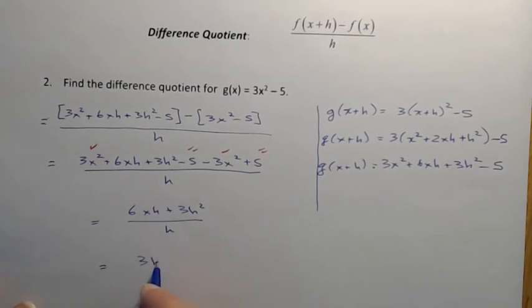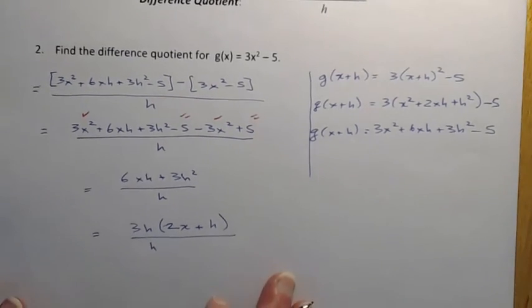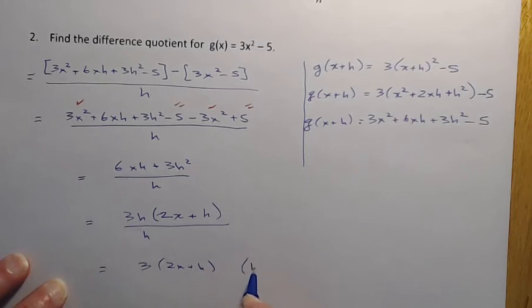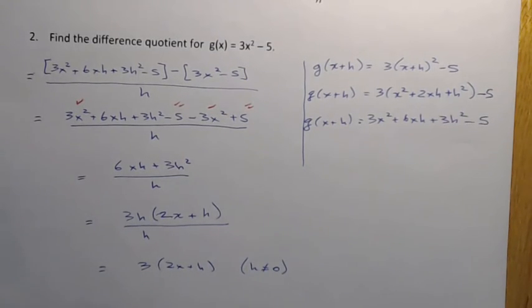I can take a 3h on top, leaves me with a 2x from the first term and an h from the second term, over h, and now I can cancel those, and I get 3 times 2x plus h. Again, I'll just note here, h started out in the denominator, so h should not be 0. So our difference quotient here would be the quantity 3 times the quantity 2x plus h.